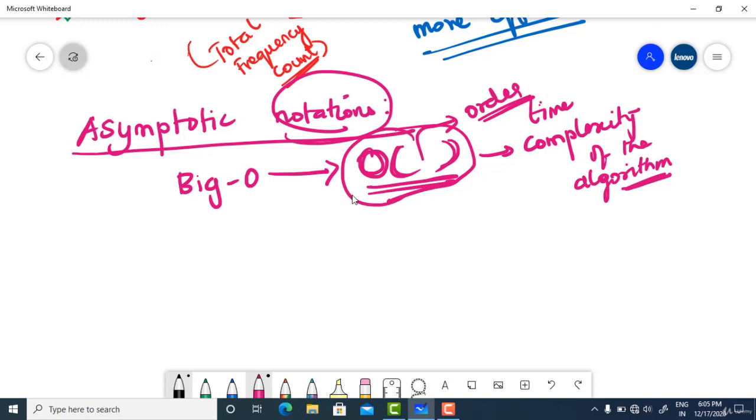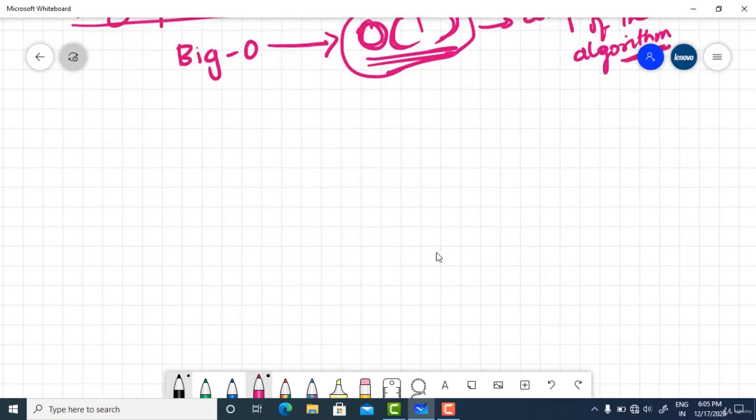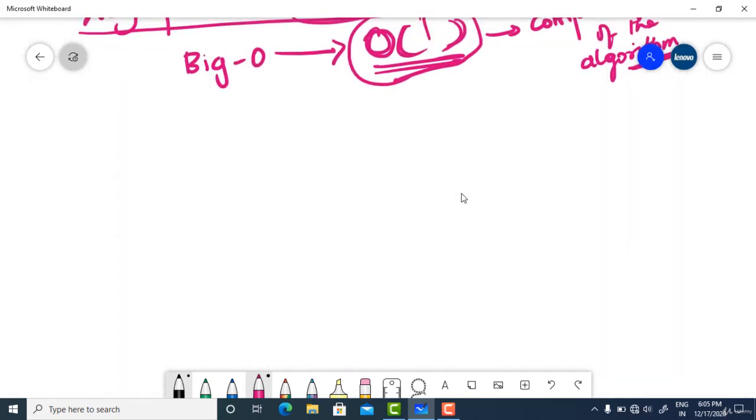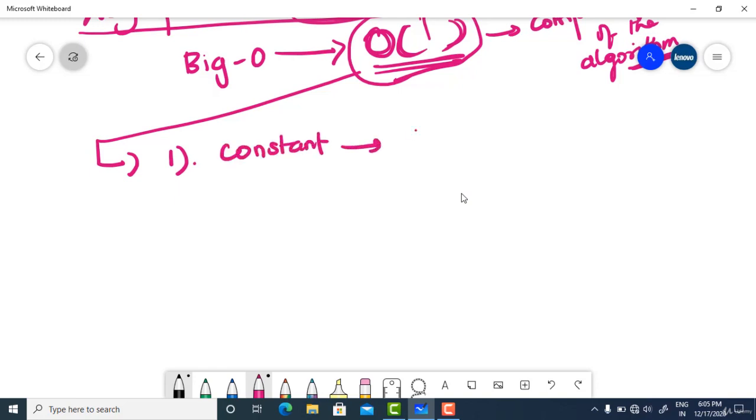All right. Let me tell you how to find big O for a particular algorithm. There are a lot of types of big O notation. One is constant time complexity, which is given by big O of 1. Very efficient, right?